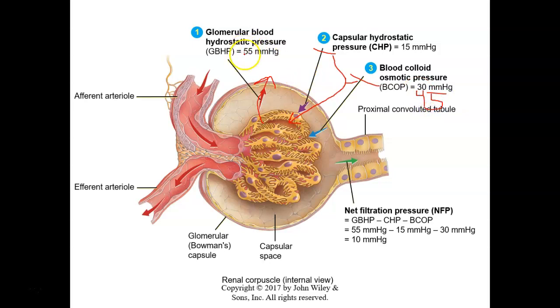This equals 55. So there's a net difference of 10, meaning there are 10 more units of pressure pushing outwards into Bowman's space.